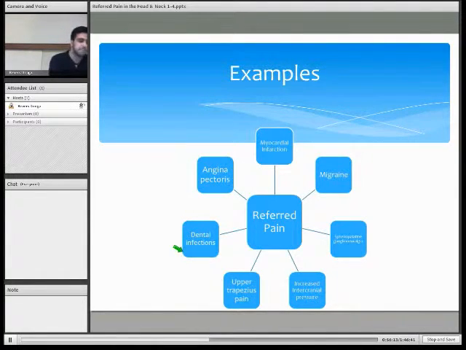So we're going to go specifically to referred pain in the head and neck. Two of the biggest ones we could think of are angina pectoris and myocardial infarction. I'll go through a little more detail on that, similarly with migraines and sphenopalatine ganglion neuralgia, in the next few slides. But raised intracranial pressure can also give you a referred pain type headache, possibly due to reduced CSF circulation.